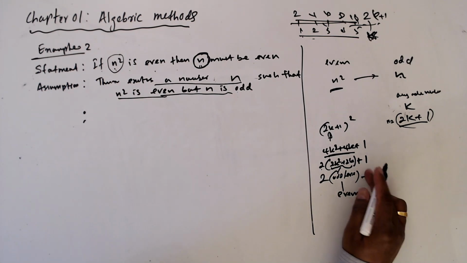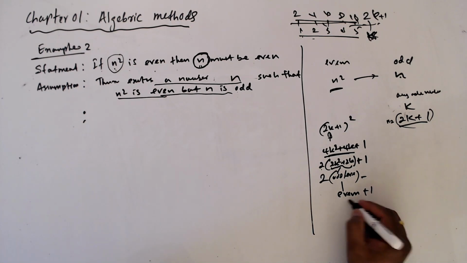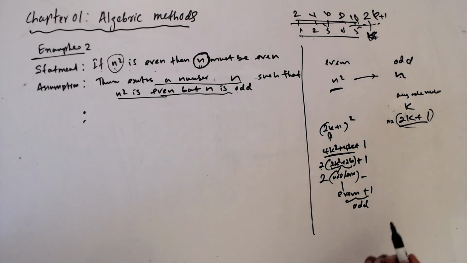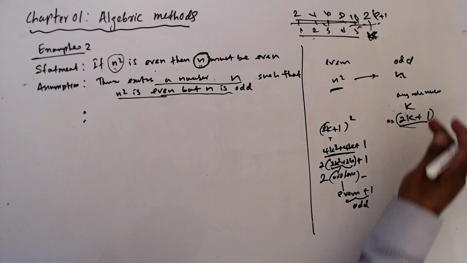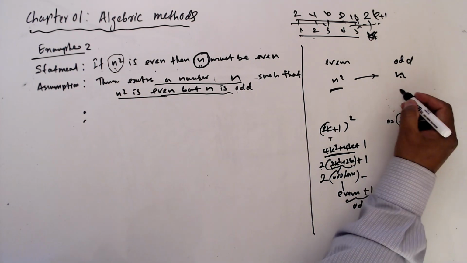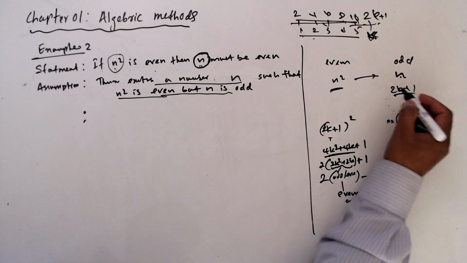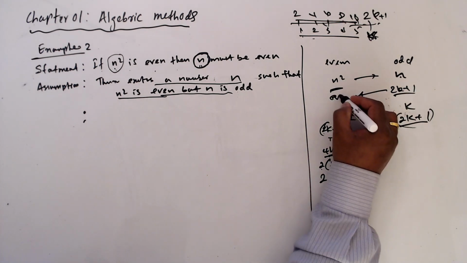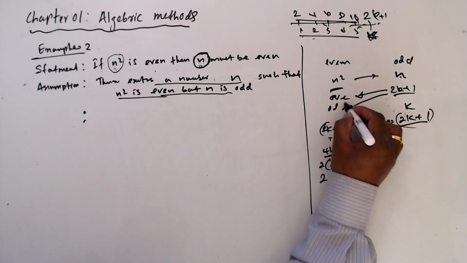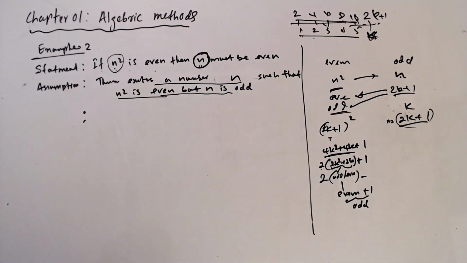And when you add 1, it becomes odd. You can see that you take the odd number 2k plus 1, you are expecting its square to be even, but instead it becomes odd. So it is a contradiction.